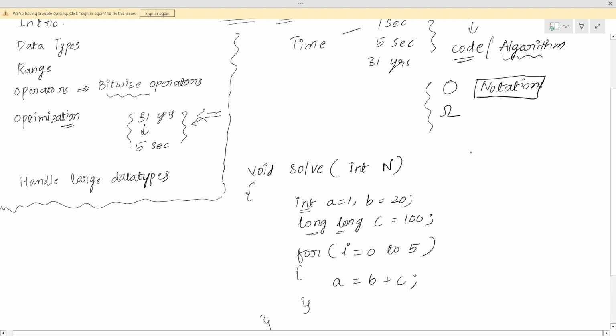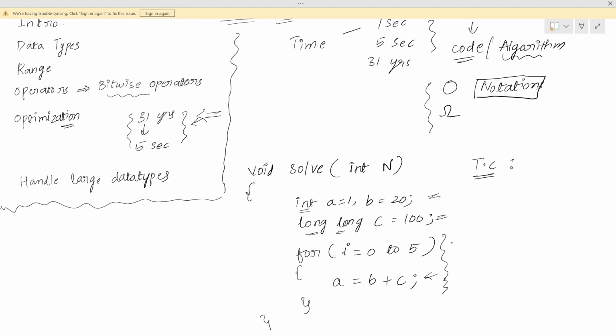Now you will be asked to find the time complexity for this code. So what is the time complexity of this code? You can clearly check that these things are basic declarations and this is a basic operation. You can see a for loop here. In our previous video we have seen about iterations and instructions, so let's not discuss them, but only discuss how many times this for loop is running.